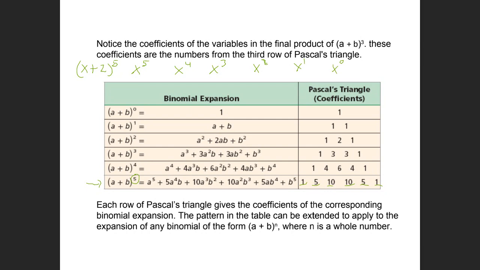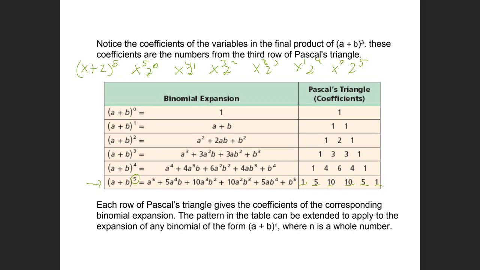And then the other number starts off at the lowest. So you have 2 to the 0, which is just 1, right? Then 2 to the 1st, 2 to the 2nd, 2 to the 3rd, 2 to the 4th, 2 to the 5th. Now, what are these Pascal's numbers?